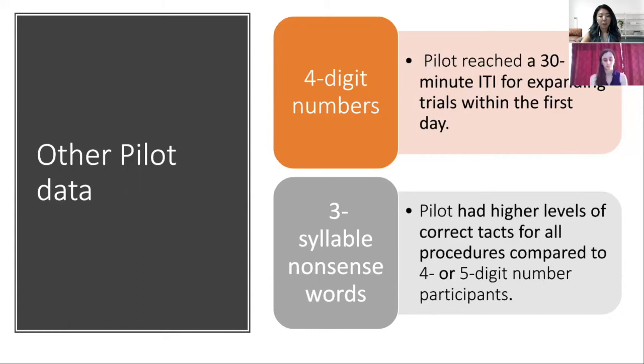We were able to track data on the correct responding on numbers that are in the correct order. So for example, if something was tacted as 1, 2, 3, 4, 5, but they incorrectly tacted it as 1, 2, 3, 4, 8, then they still got 4 out of 5 of those numbers correct.